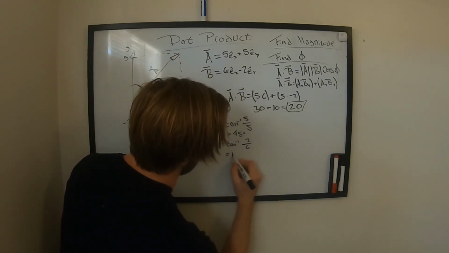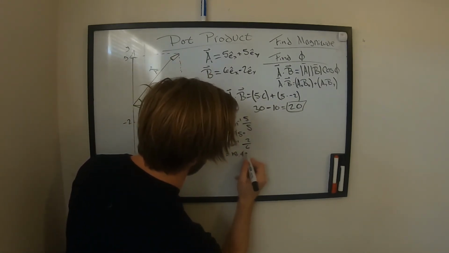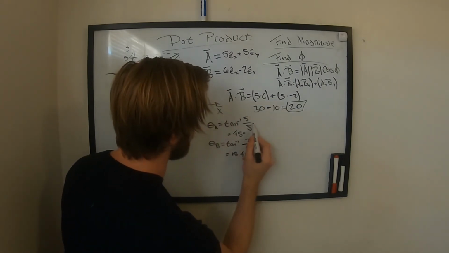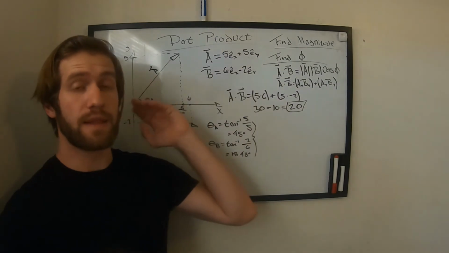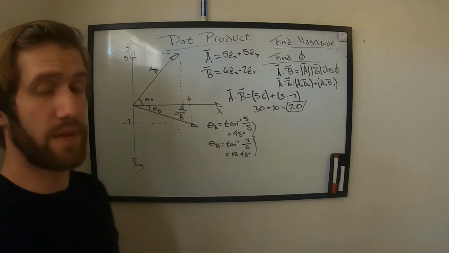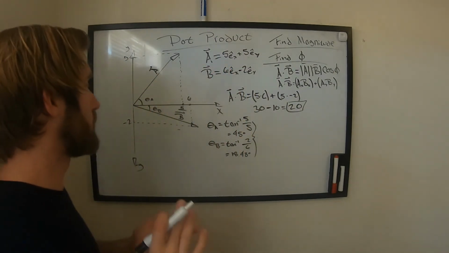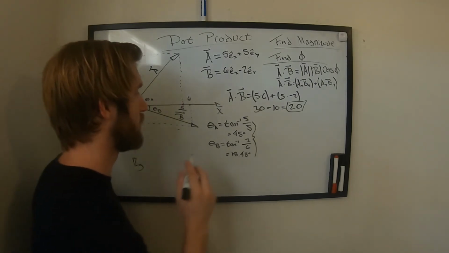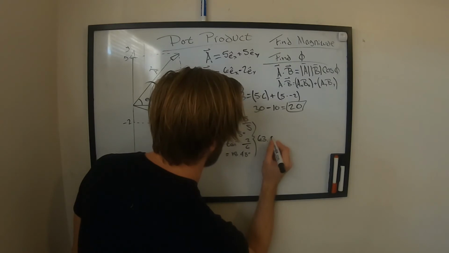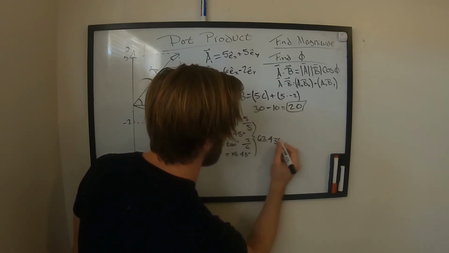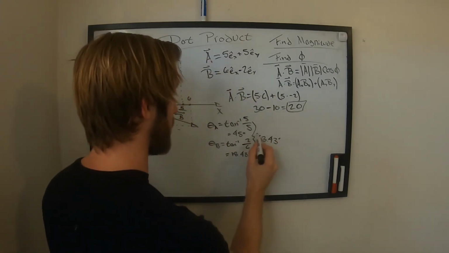So equal to 18.43 degrees. Now let's add these two together since we are asked to find the angle between both of these vectors. So we want the total angle between them. So adding these together, 63.43 degrees. Okay, so now we have our angle.